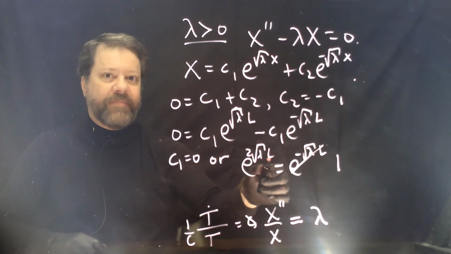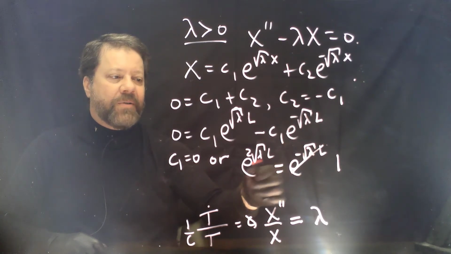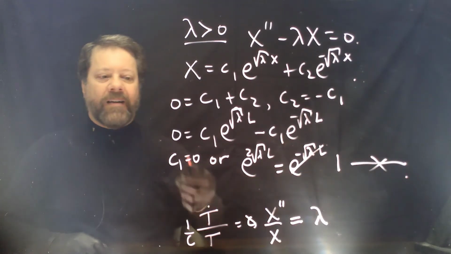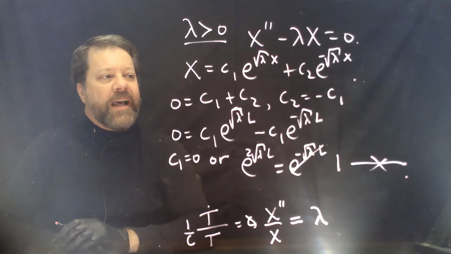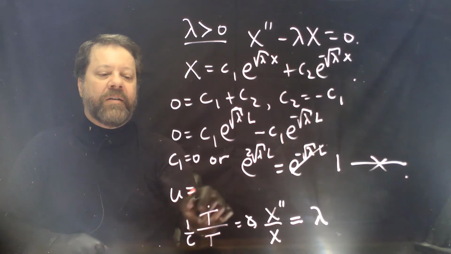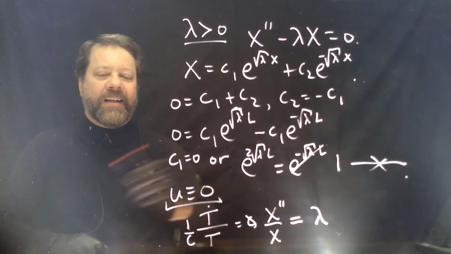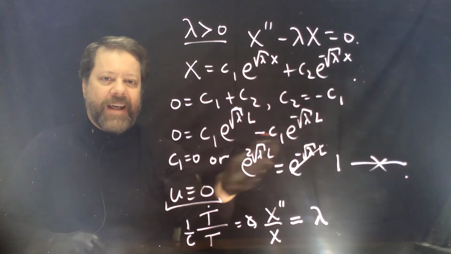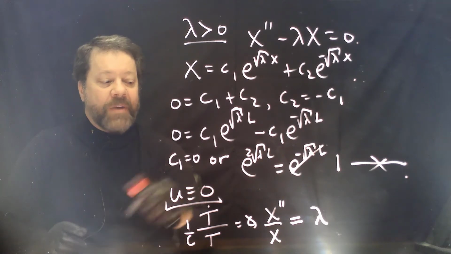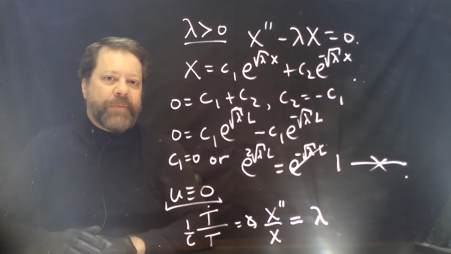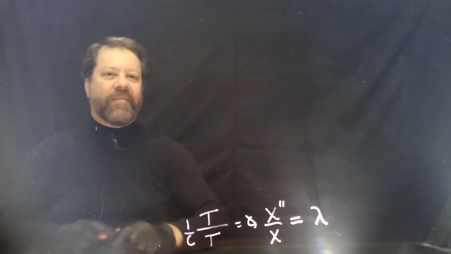Well, L is not 0, and so this is impossible unless c1 is 0. And if c1 is 0, then c2 is 0, and that implies u is identically 0 again. So again, the trivial solution we'll throw out, and we must deduce that the only realistic possibility is lambda is less than 0.